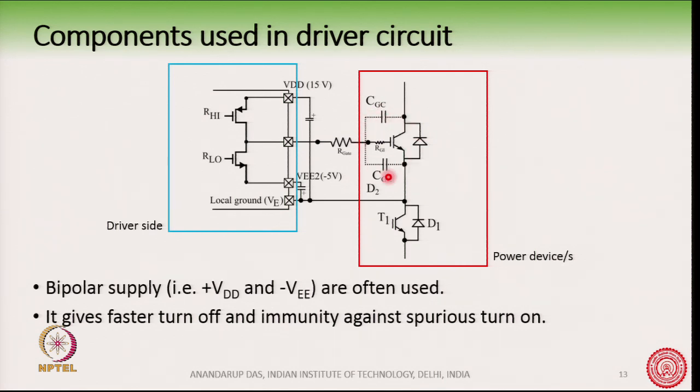When we are turning on the device, the VGE voltage will go to VDD, about 15 volts. When we are turning off the power device, we will discharge this capacitor to minus 5 volt, that is this minus VEE, or minus 5 volt here. And there are advantages related to it.